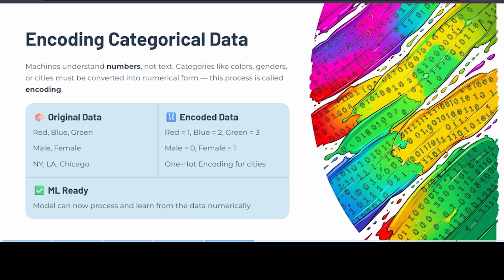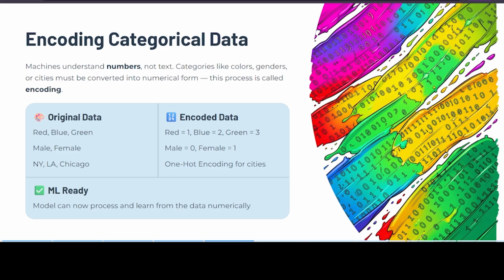But cities do not have any order; all the cities are the same. So we use one hot encoding. In one hot encoding, each city has its own separate column. This avoids the confusion, so that is why we use this encoding.